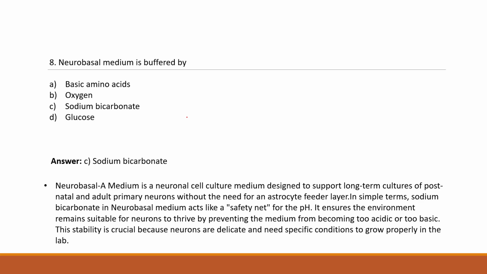And if you're checking some impulse studies or signaling studies, then it will have variations in your results. So basically, it's for the postnatal and adult primary neurons that you isolate, and then you also have to maintain your glucose concentration, your osmolarity, everything.